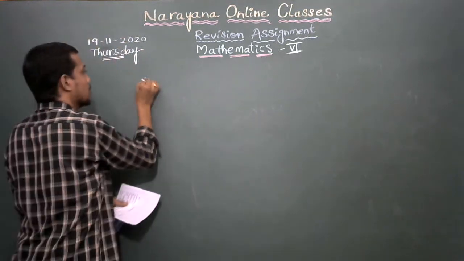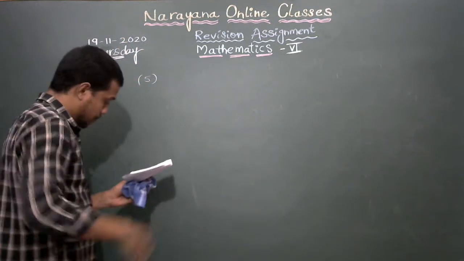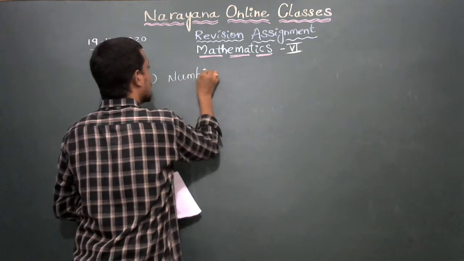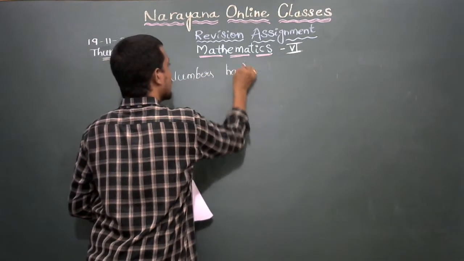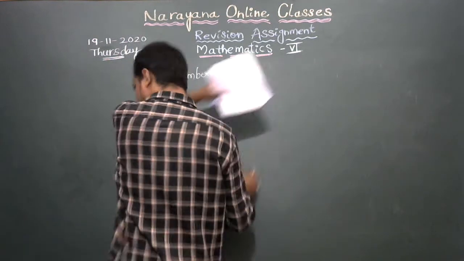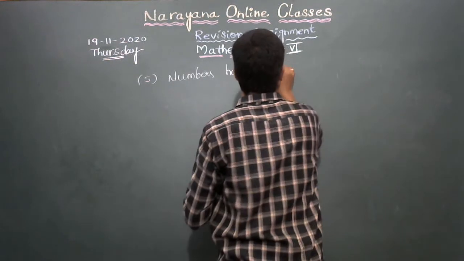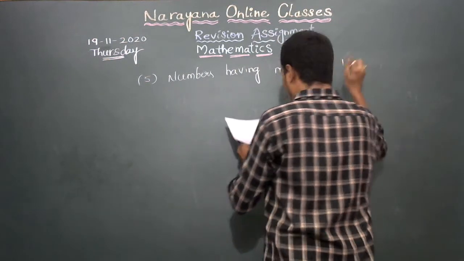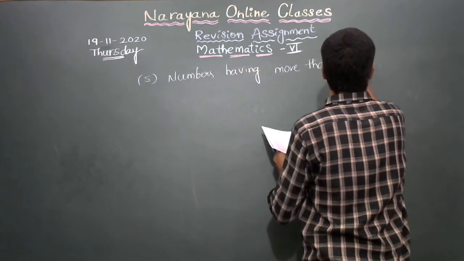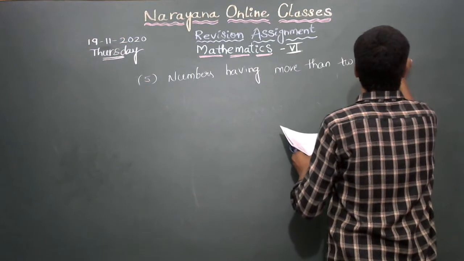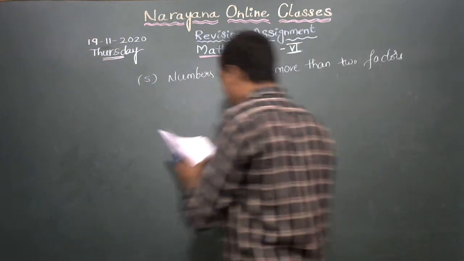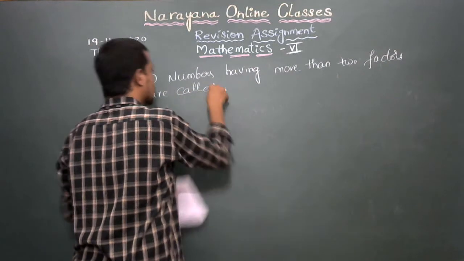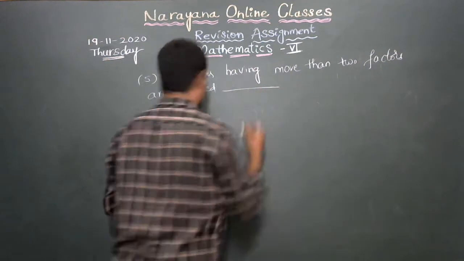Now fifth one. Numbers having more than two factors are called dash.